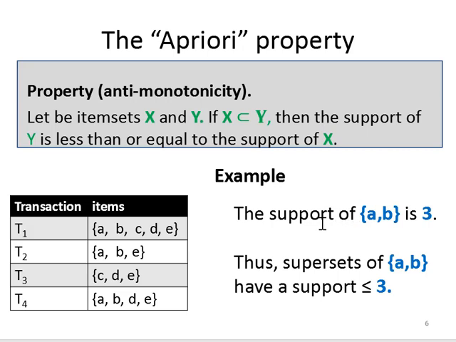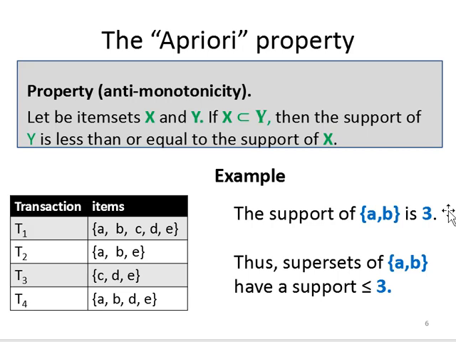If the support of AB is 3, AB appears 3 times in the database, then according to the property, any superset of AB, like ABC, cannot appear more than 3 times, it must appear 3 times or less. So if AB appears 3 times, you know that all the supersets of AB, like ABC, ABD, and so on, cannot appear more than 3 times.